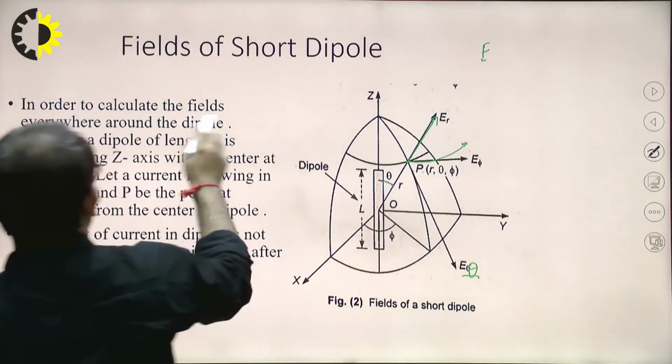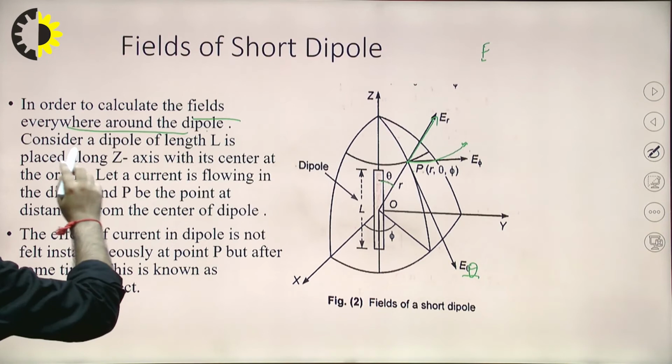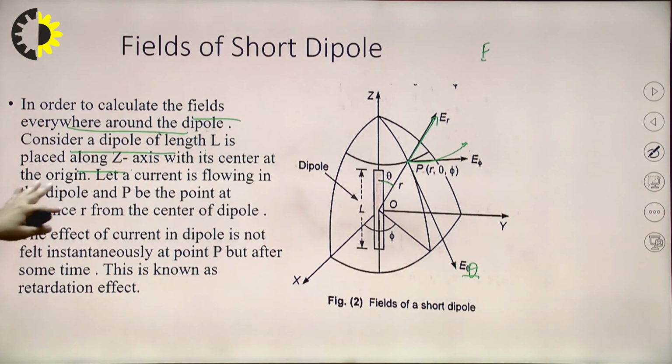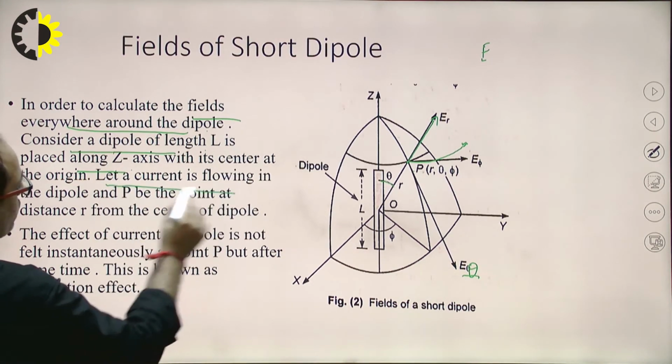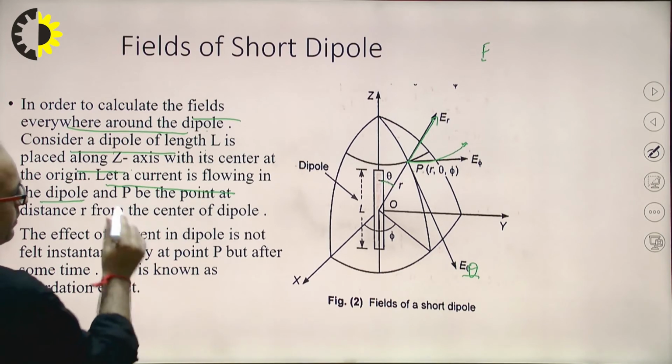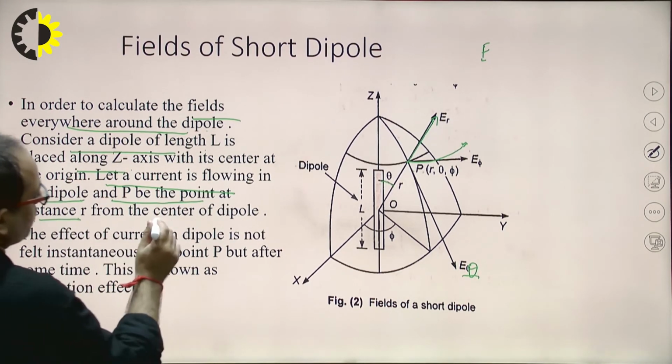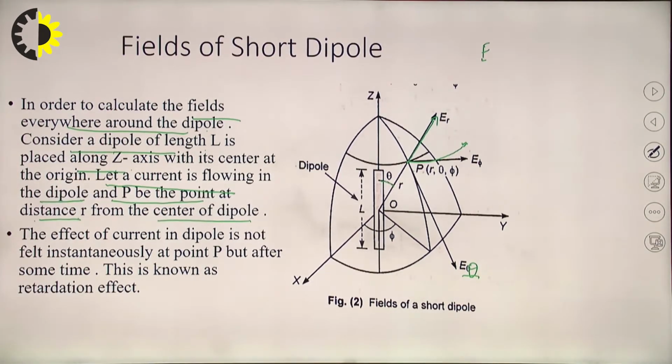So in order to calculate the field everywhere around the dipole, consider a dipole of length L placed along the z-axis with its center at the origin, and a current flowing in the dipole. Let P be the point at a distance r from the center of the dipole. Clear?